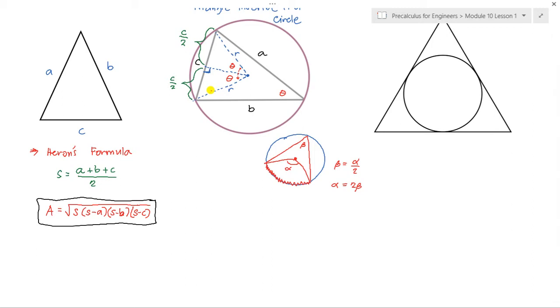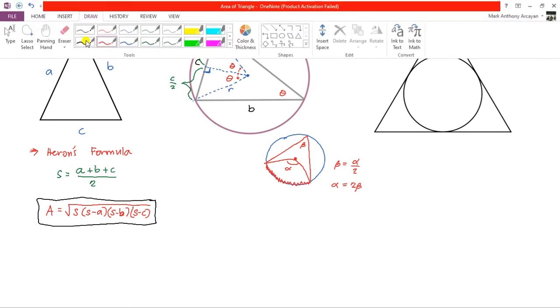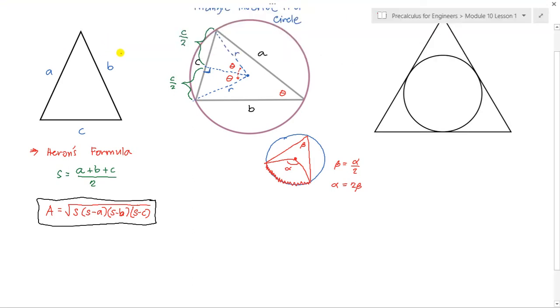express this as an area. Area of this triangle is equal to 1/2. Then here, we apply the formula for when we are given two sides and the included angle.